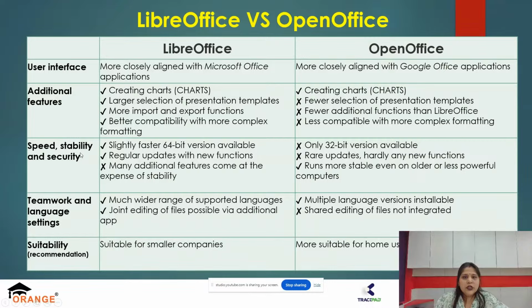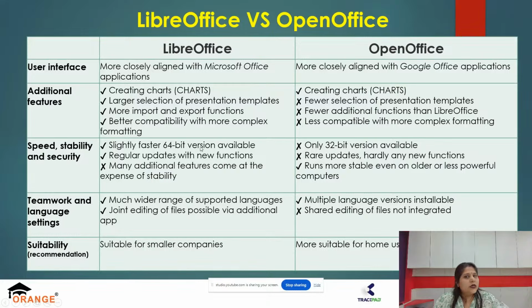Now, if we check for speed, stability, and security, LibreOffice provides you with a 64-bit version also, which makes it a little faster in comparison to OpenOffice 32-bit. Regular updates and new functions are a constant feature of LibreOffice.